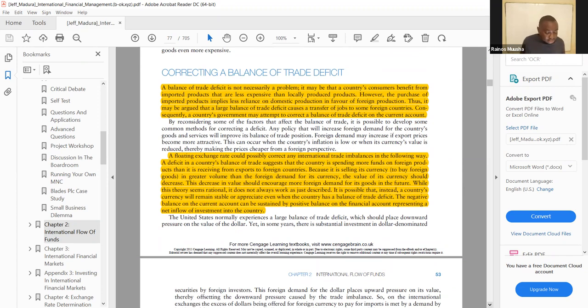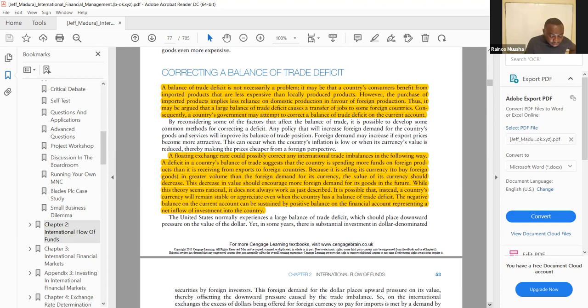So here they say, a balance of trade deficit is not necessarily a problem. It may be that a country's consumers benefit from imported products that are less expensive than locally produced products. However, the purchase of imported products implies less reliance on domestic production in favor of foreign production.